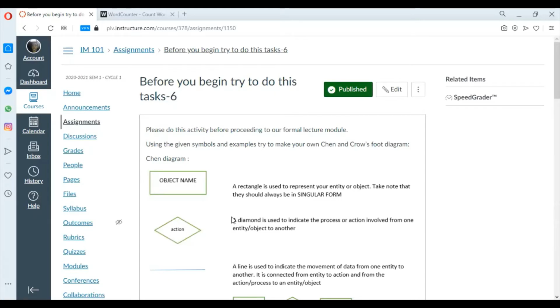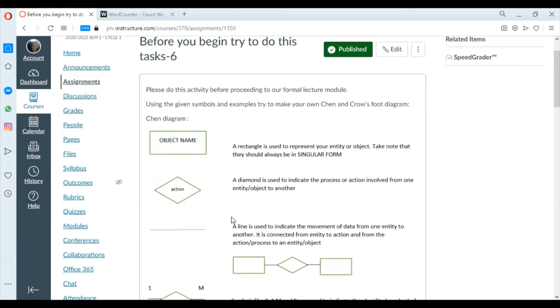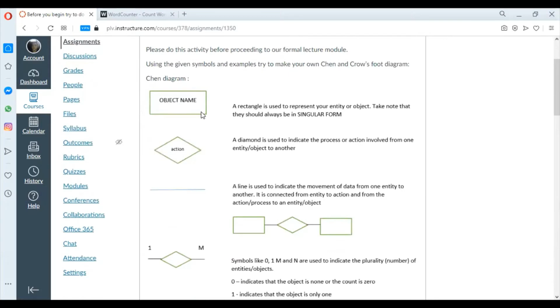As you notice, for our Chen diagram, we have a rectangle which represents the entity or object. So inside the rectangle, you will place in capital letters the name of our object in singular form. We have a diamond which denotes the action from one object to another.